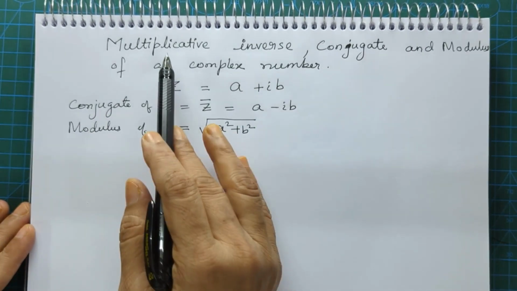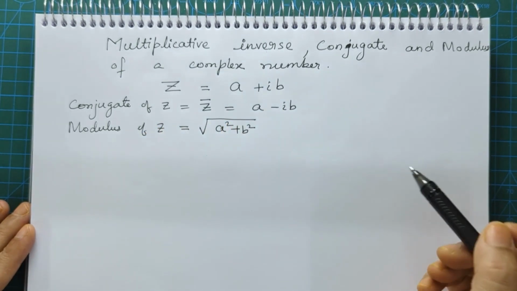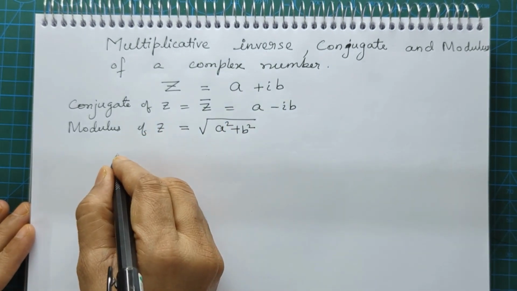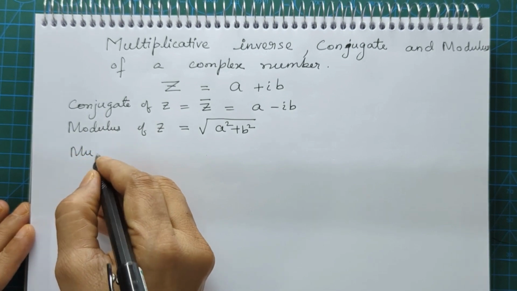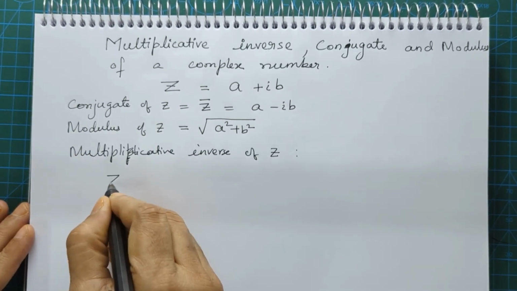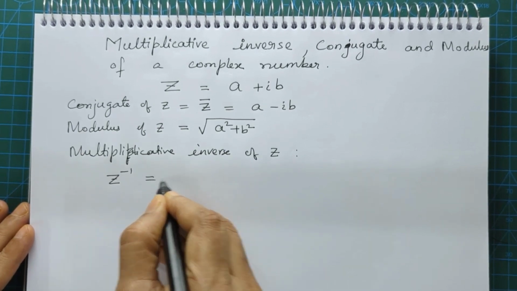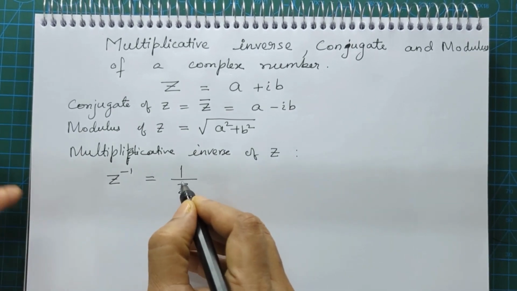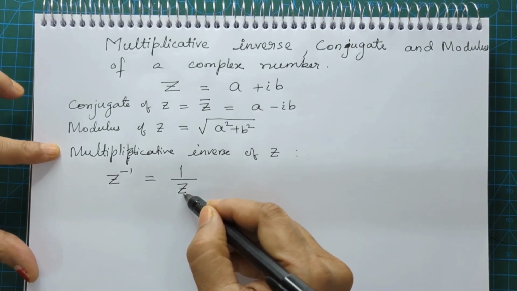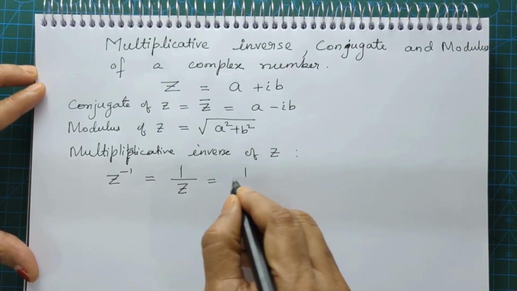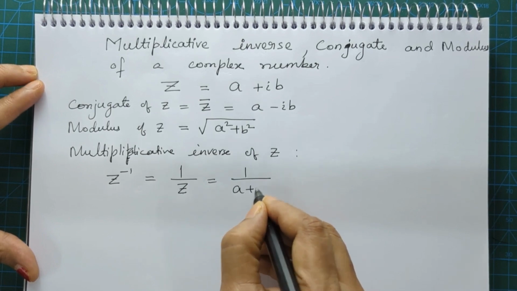Now we will see how to find the multiplicative inverse. What is the meaning of multiplicative inverse? The multiplicative inverse is the reciprocal of the complex number. It can be written as z inverse, meaning 1 by z. So we will write this as 1 by a plus ib.